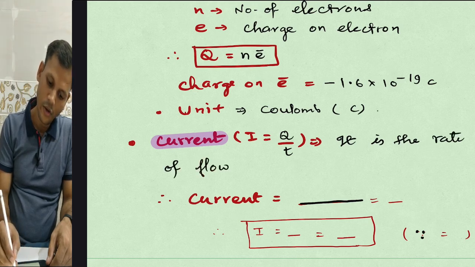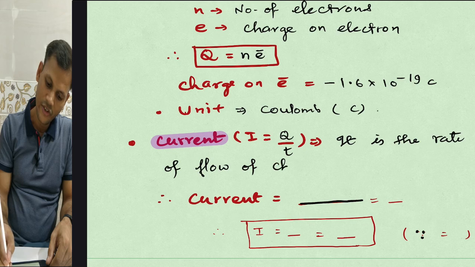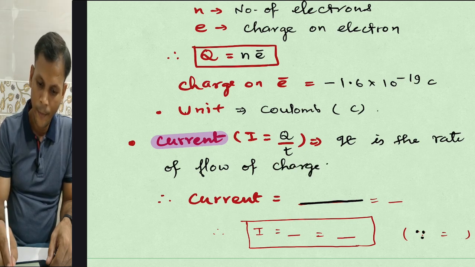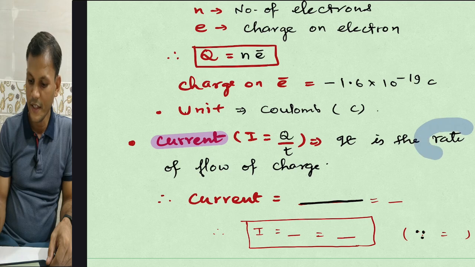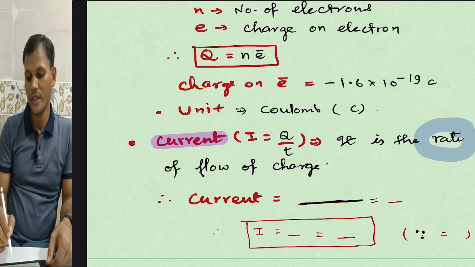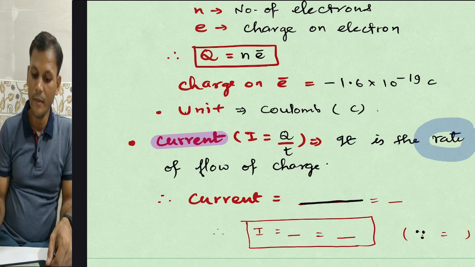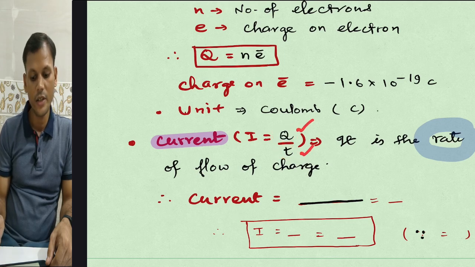Now, one very important term I will tell you: if in physics the word rate comes, it means that term will be divided by time. So we are talking about the rate of flow of charge, so it is the rate of charge, meaning charge per unit time. So it is the current.